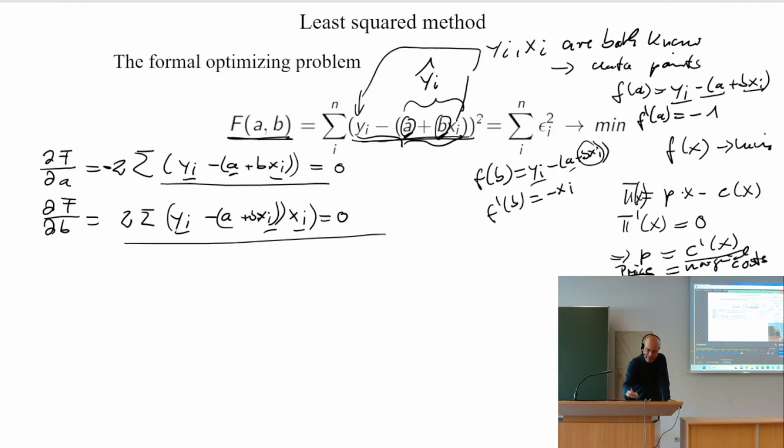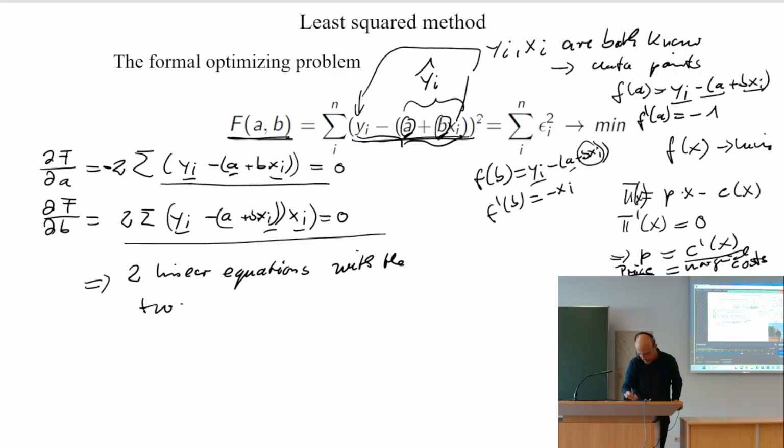And so we have here a linear system, two linear equations with the two variables a and b. Well, two equations, two variables, and from this we know that in general we just can solve this.